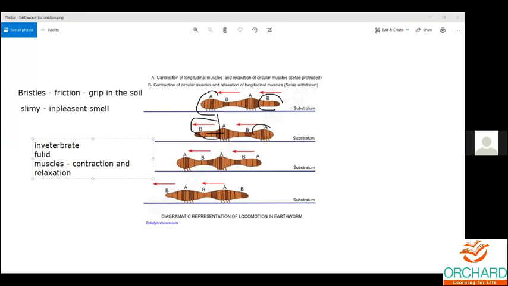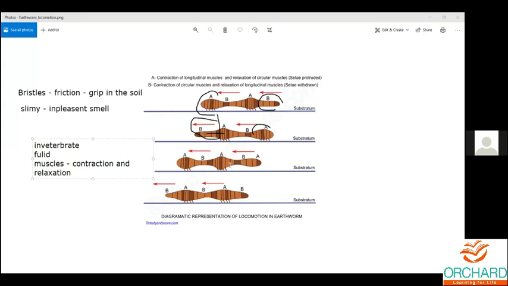And then comes the front end and the rear end. First will be the front end, followed by the rear end at the back. When the movement is being done, the frontal end becomes thin while the back end becomes thick, followed by the contraction.